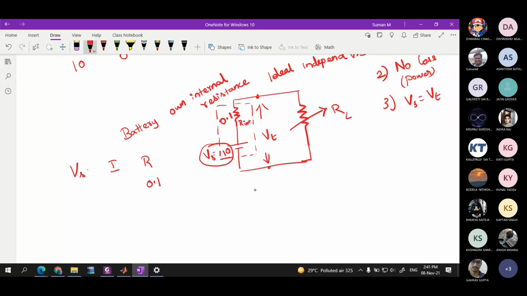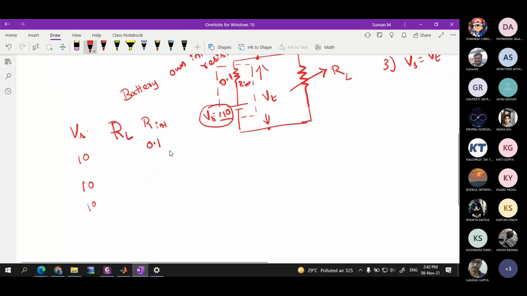This R internal is not going to change. Vs is 10. We will start from 100 ohm. If you find the current, it will be 10 divided by 100 plus 0.1 ohm. So what is the current flowing through this circuit?